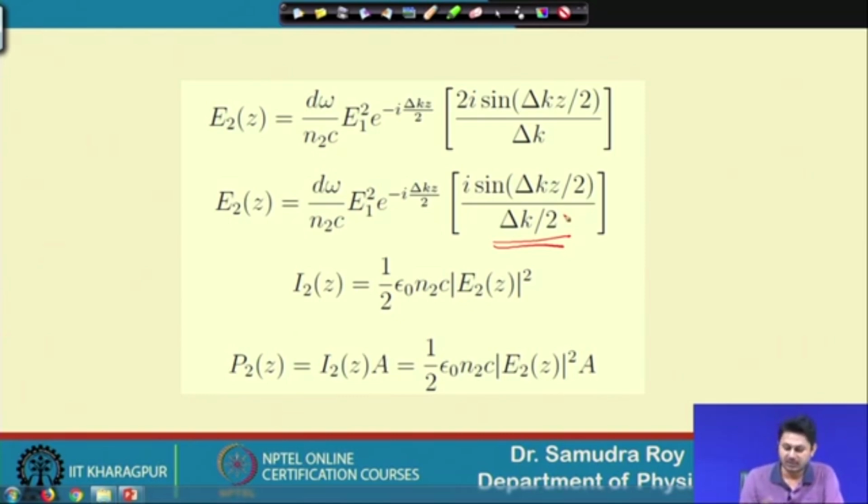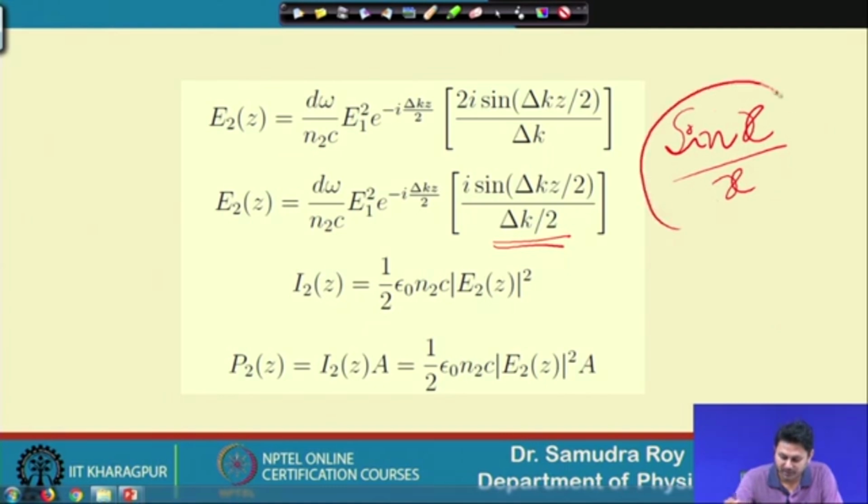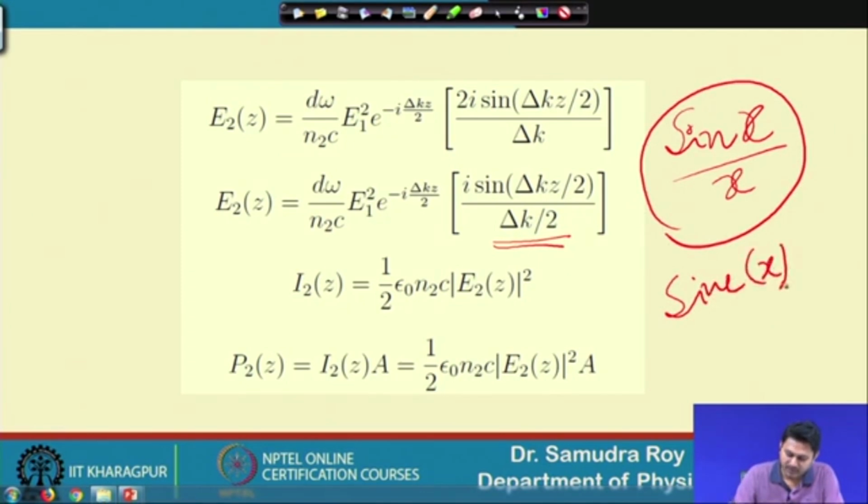This is the function which looks like this. This is important, you should correlate these things: sin x divided by x. We know this is called the sinc function. Sometimes it is written sinc of x, which is nothing but sin of x divided by x.